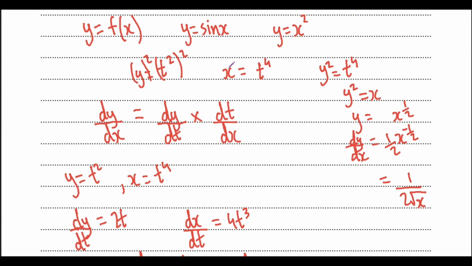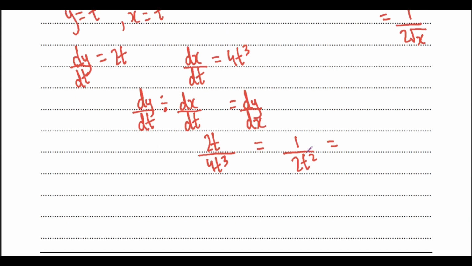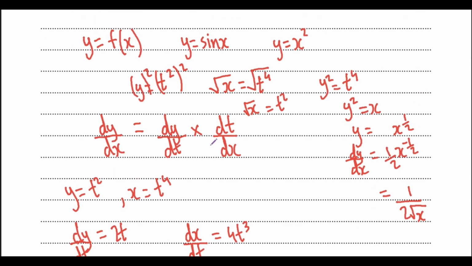If you take the square root on both sides, then you end up getting square root of x is equal to t squared. And t squared is right here as well, so you actually end up getting 1 over 2 times square root of x. So you can see why this works. And it worked in our case over here.